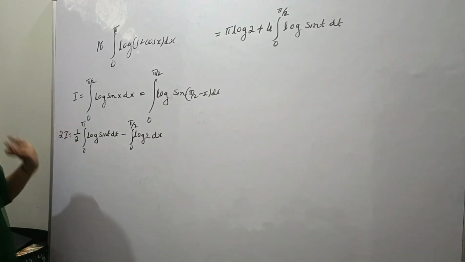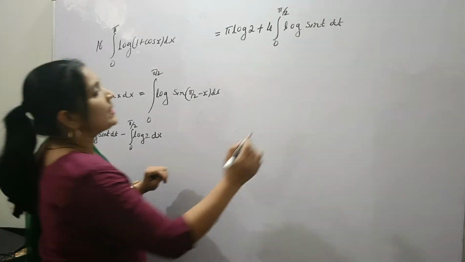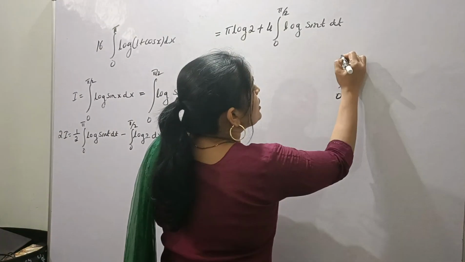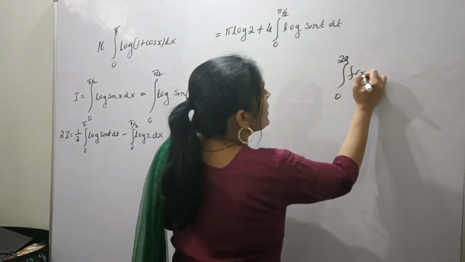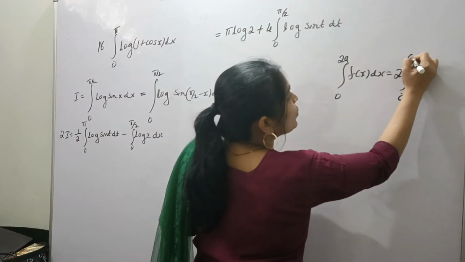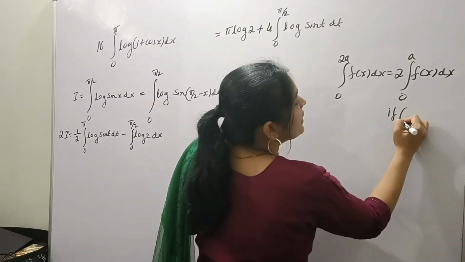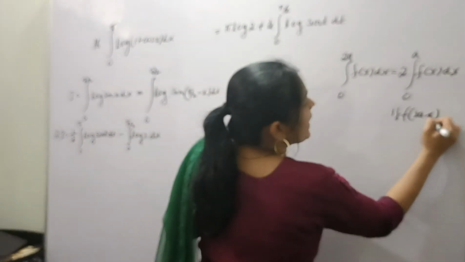So for that, we will apply another property of integrals, that is integral 0 to 2a f of x dx is equal to 2 into integral 0 to a f of x dx, if f of 2a minus x is equal to f of x.